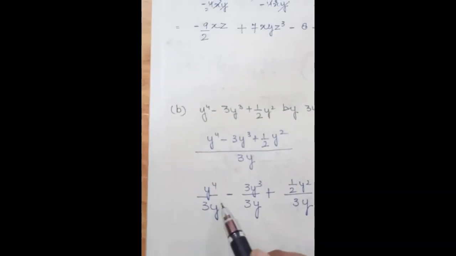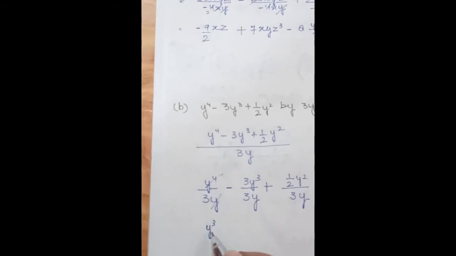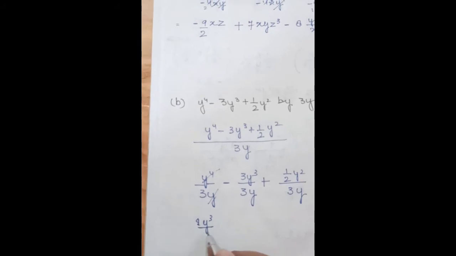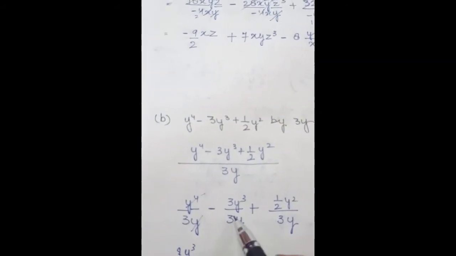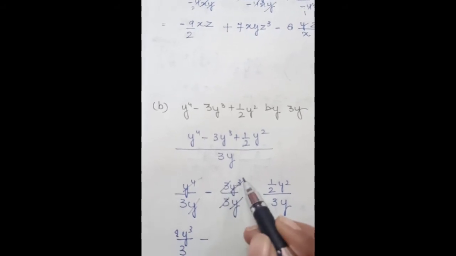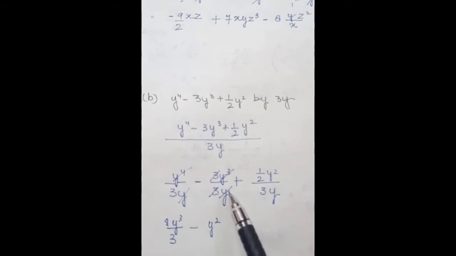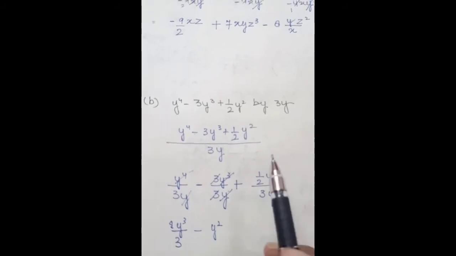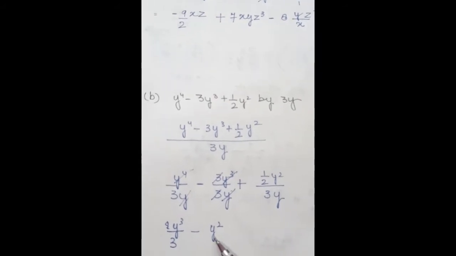Now this y cancels out, and what we get here is y to the power 3 by 3, right? And here 3 cancels out, and here we get y to the power 2, because here is y to the power 1 and here the power of y is 3, so we get y to the power 2.